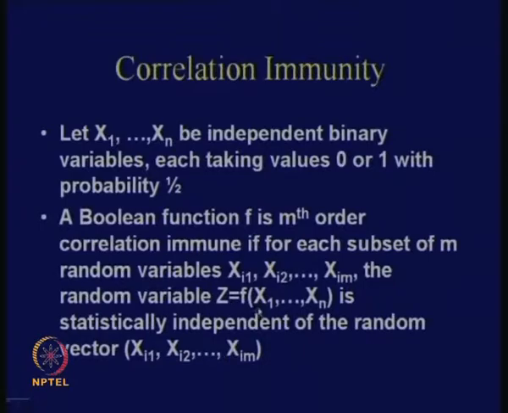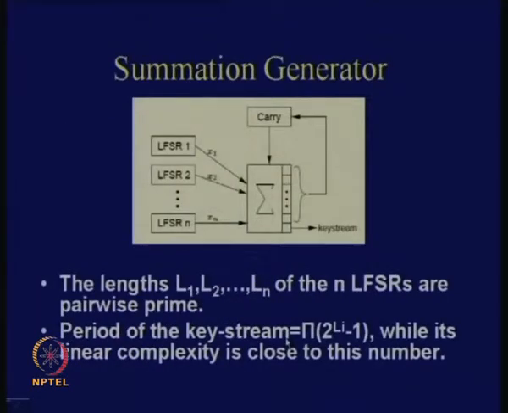So, this is what I intend to do, right. Therefore, I can state this in terms of mutual information: the mutual information of this vector and the corresponding z random variable should be equal to 0, right. If you remember the definition of mutual information which we have done in our Shannon's theory class, then you can understand how to do that. Okay.